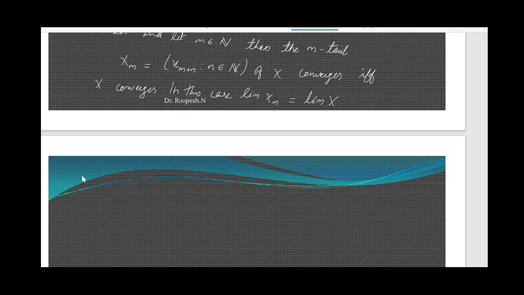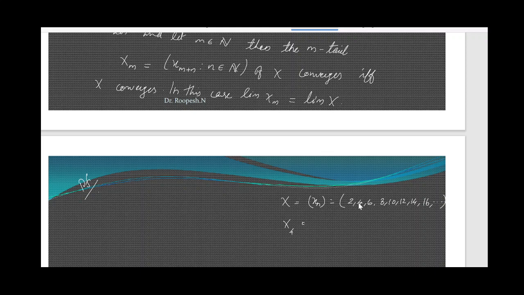Proof. First, we will note that when you are taking an m tail, suppose we are having the sequence x_n as the set of even numbers, right? So this is my sequence. Now suppose I'm taking this as my x, and suppose I'm taking the 4 tail.